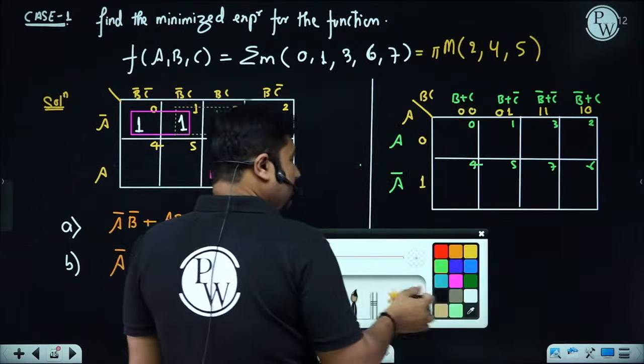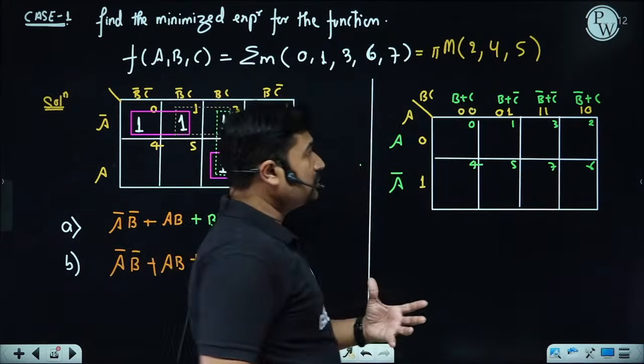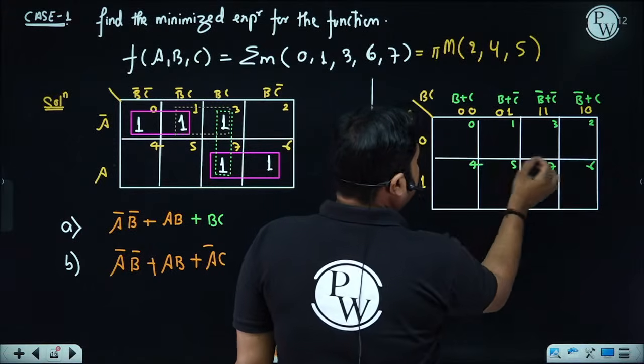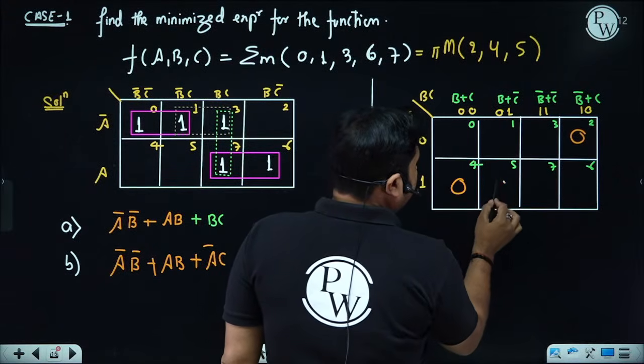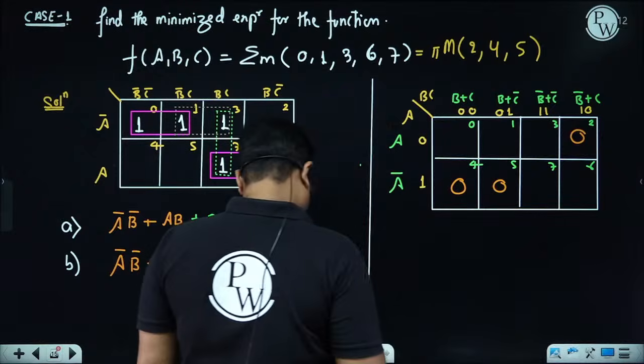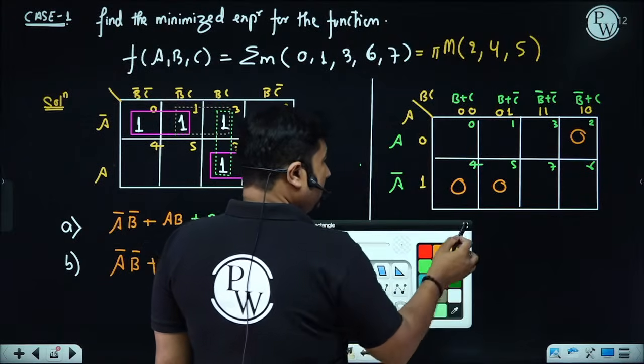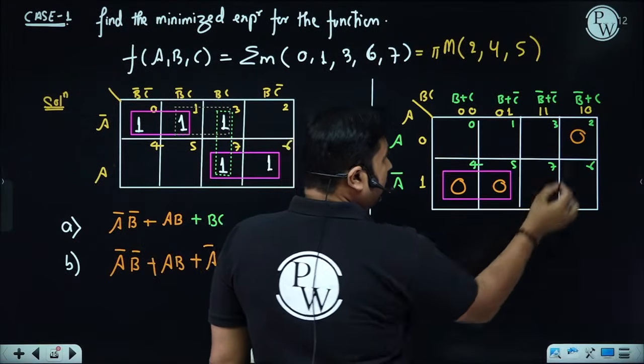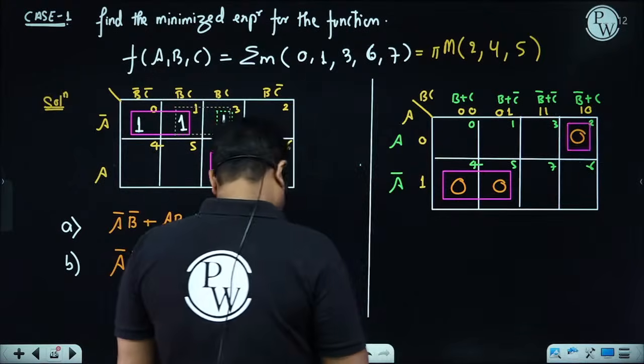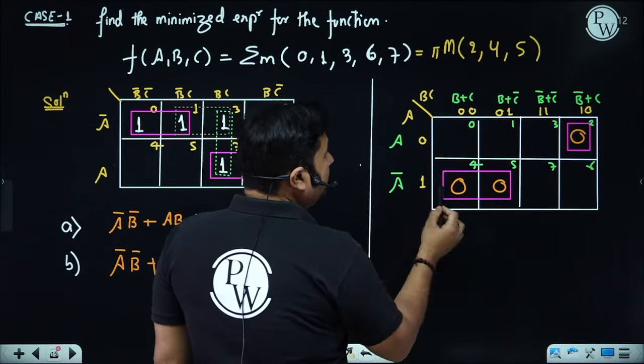Now, what are the conditions where we are getting output logic 0? We are getting output logic 0 on binary of 2, binary of 4, and binary of 5. So for POS, we have one pair and one alone.